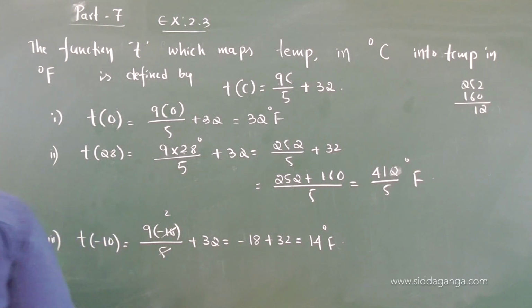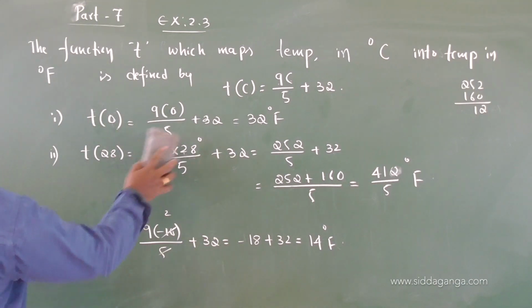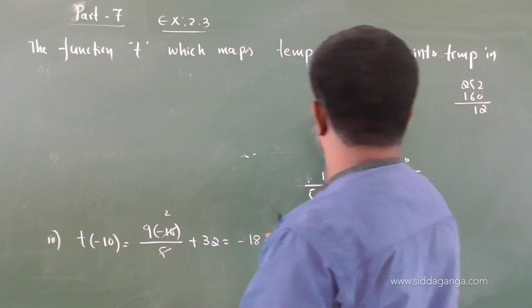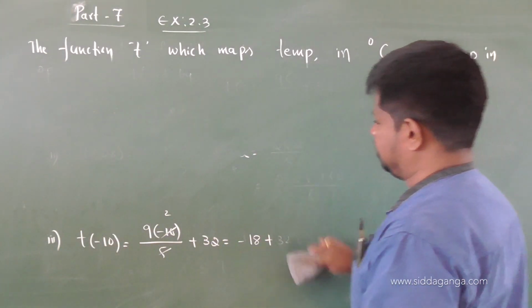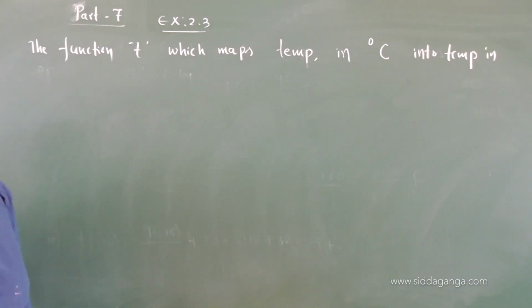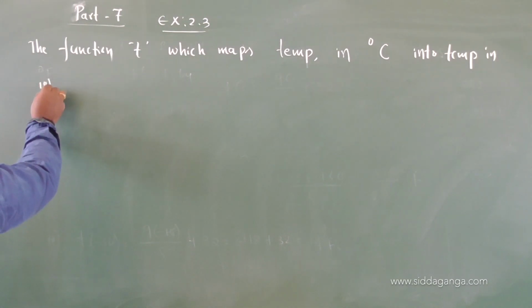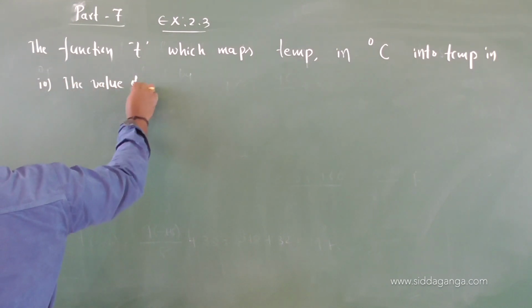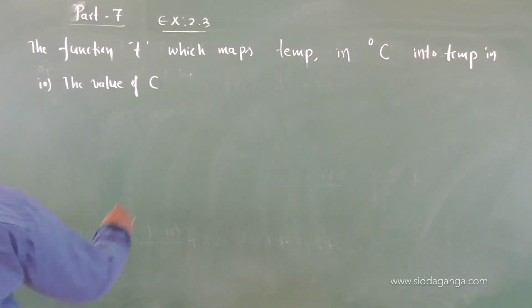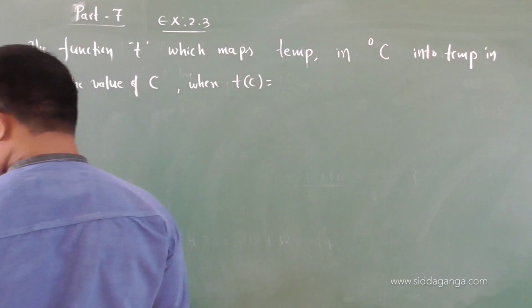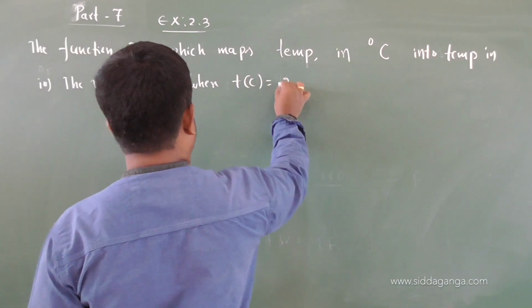Next, the fourth question is: find the value of C when T of C is 212.